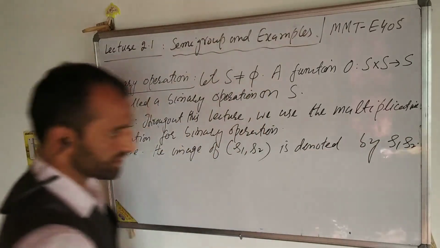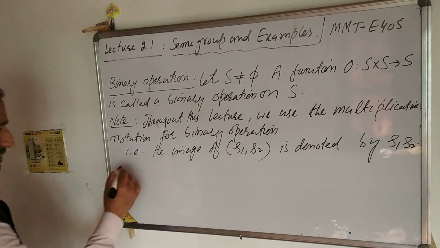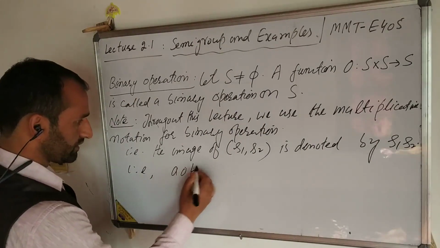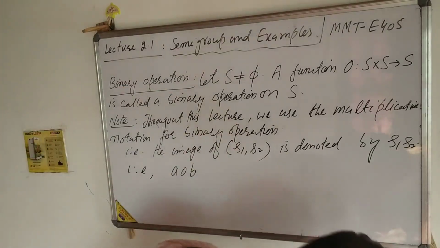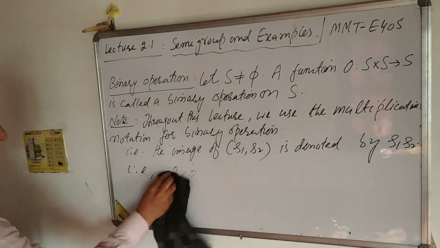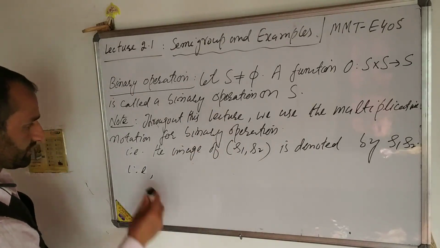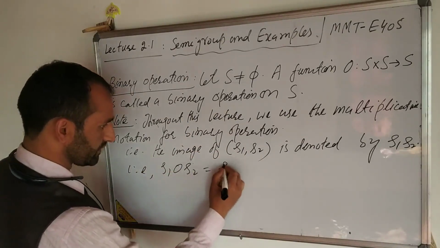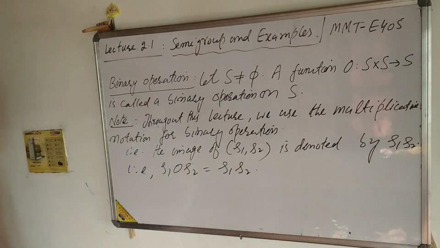It's just a multiplicative notation. In other words, s1 o s2 is equal to s1 s2.